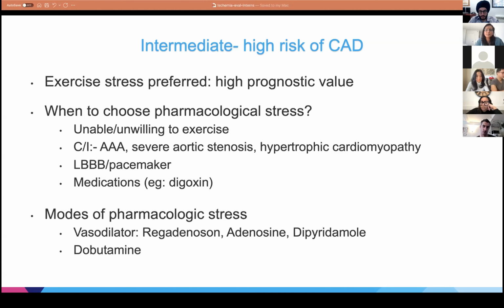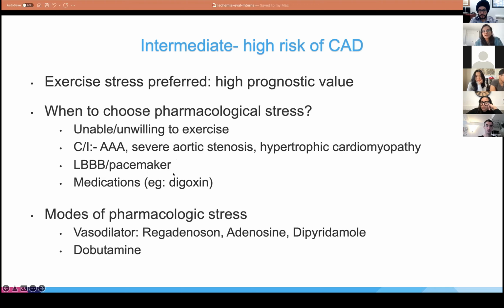Similarly, with left bundle branch block or pacemaker, because of the way the conduction system is, patients can have a false positive imaging test when they undergo exercise. Their imaging can become abnormal just because of the way that the heart moves. So for those patients you want to go ahead and do a vasodilator stress and not do an exercise test with imaging.